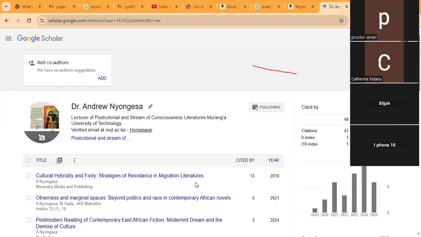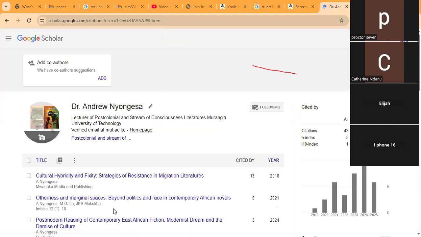They are not like novels where you just write The River Between. Here I have to talk about cultural hybridity and cultural fixity, and I must talk about them as strategies of resistance in migration literatures.